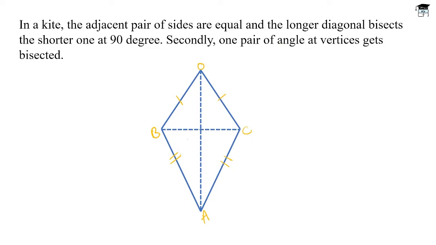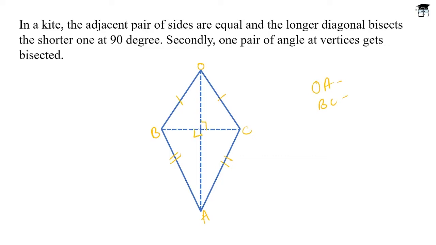OA is a diagonal and the other one, BC, is also a diagonal. So the longer diagonal, AO, bisects the shorter one at 90 degrees.